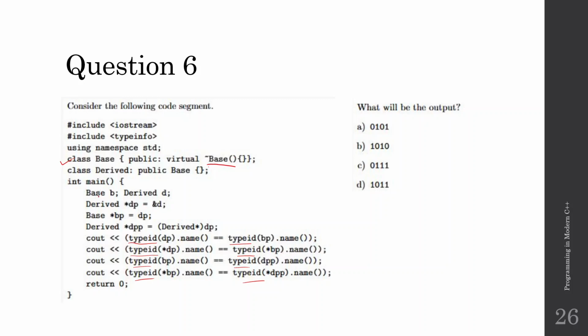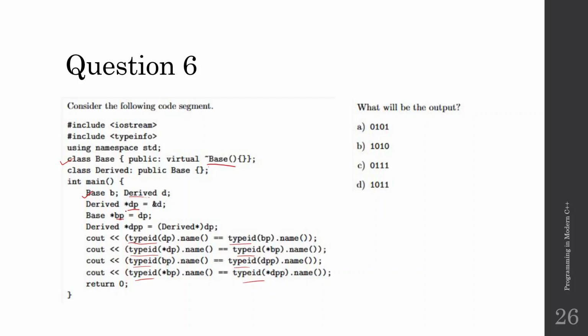Okay, now let's proceed. So here we are declaring a b variable which is of base type and a d variable which is of derived type. Then we are defining some pointers. dp, a Derived star, is a pointer which is pointing to d, and bp, a Base star, is also a pointer which is pointing to dp.